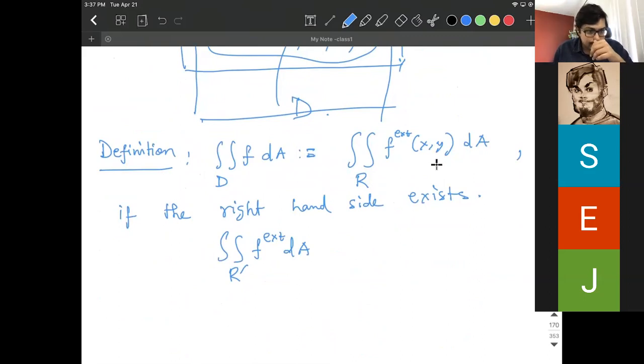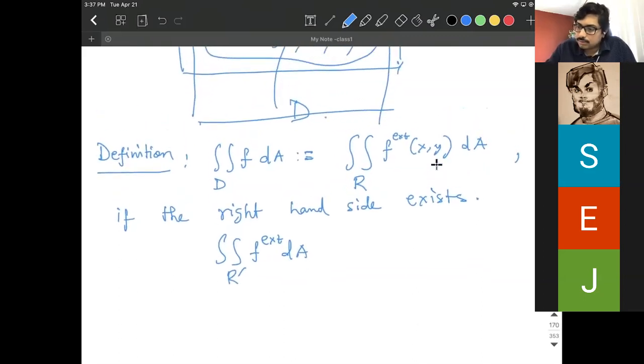So there's an obvious question. If these two numbers are not same, then you cannot define one of these two as your definition, right? So for the definition, you need all such double integrals on the rectangles to agree, right? So then only you can define it to be the double integral on this region D. So it will be a meaningful definition.